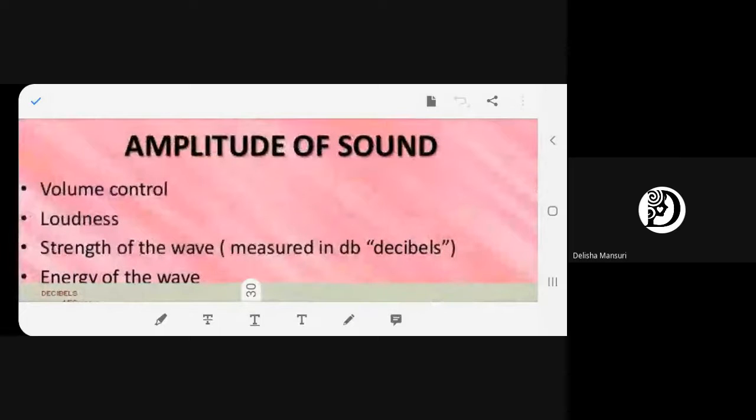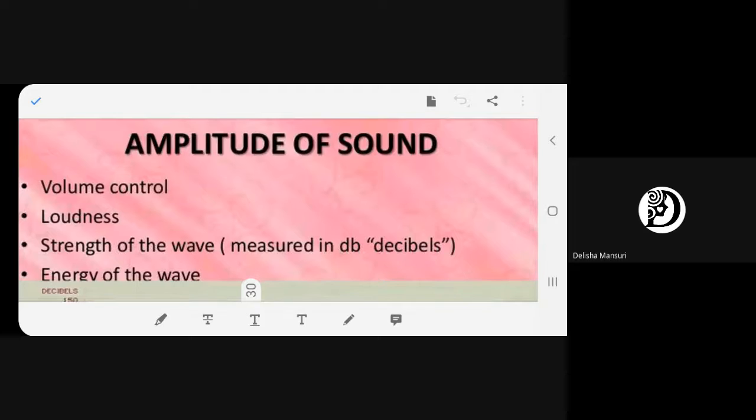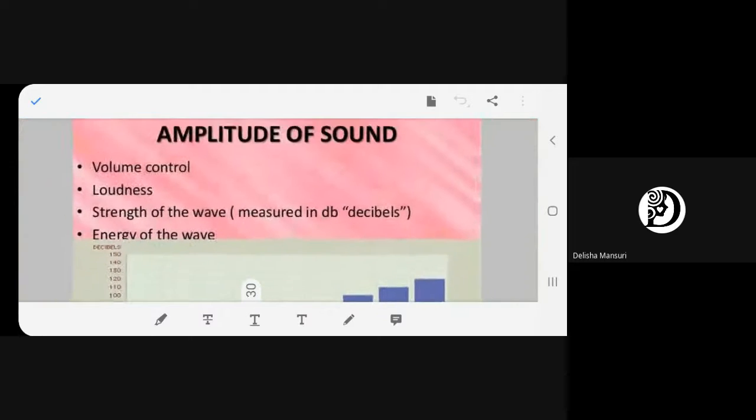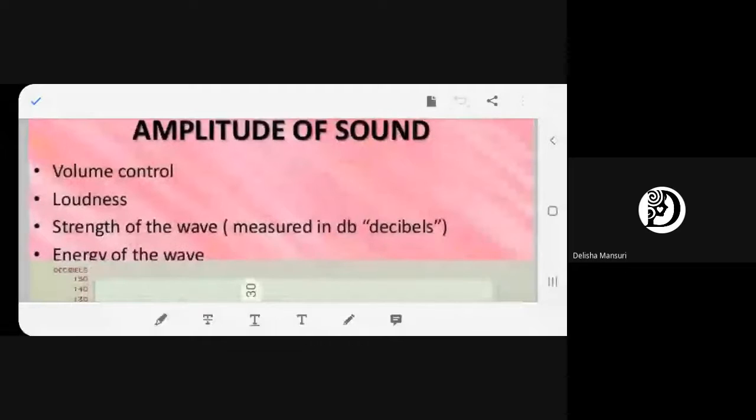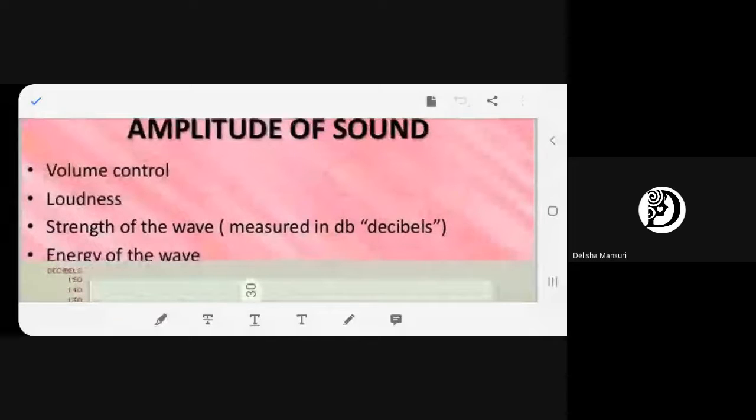Amplitude of sound: volume control, loudness, strength of the wave, measured in dB, decibels, energy of the wave. Now if you talk of the amplitude of sound, it conveys the volume, the loudness, the strength of the wave, and the energy of the wave.